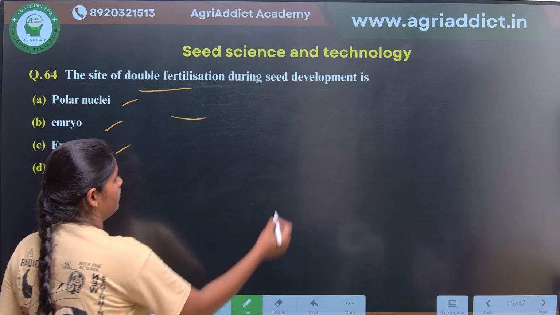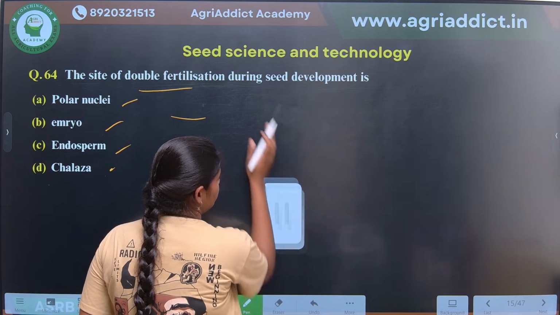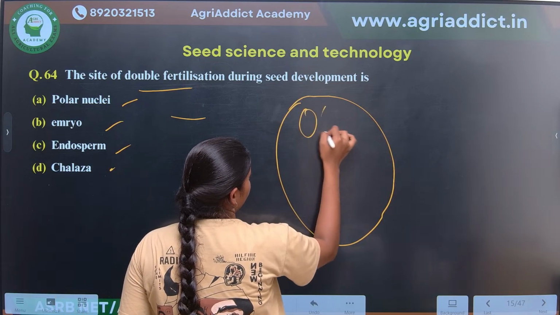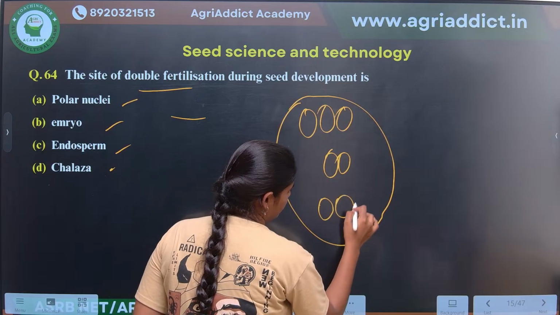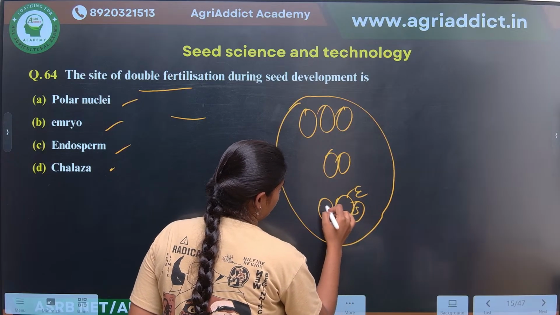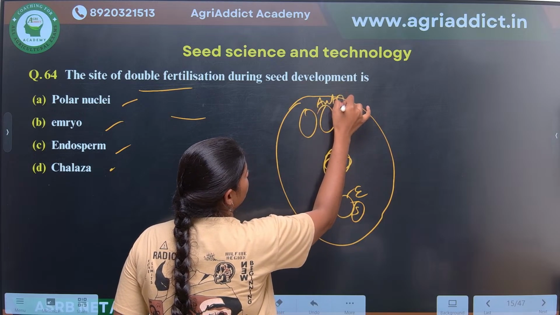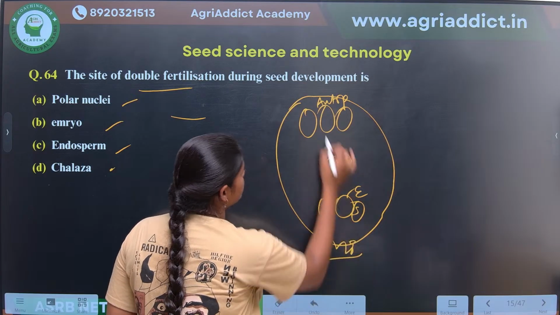Okay, we know what double fertilization is, right? So this is the embryo sac. This is the egg cell. This is the micropyle region.